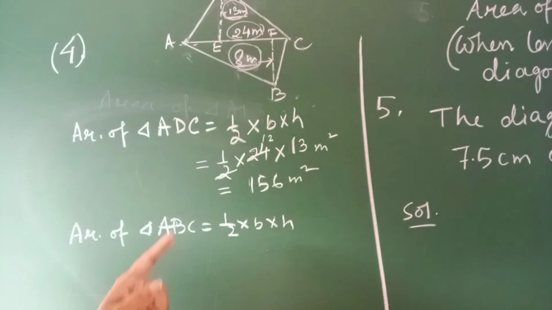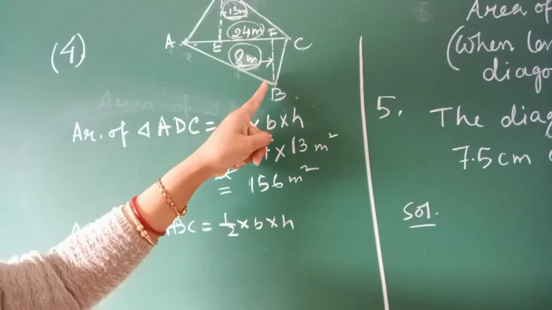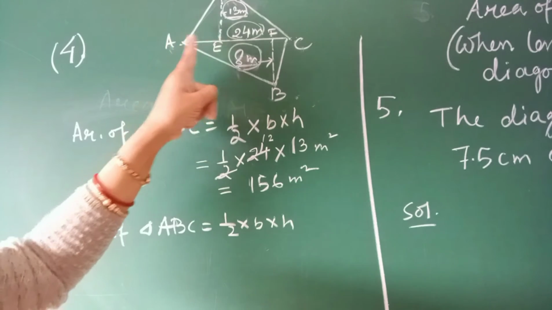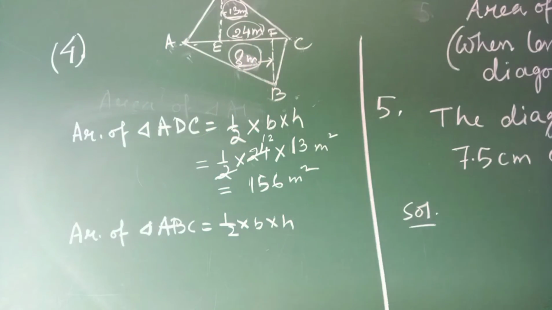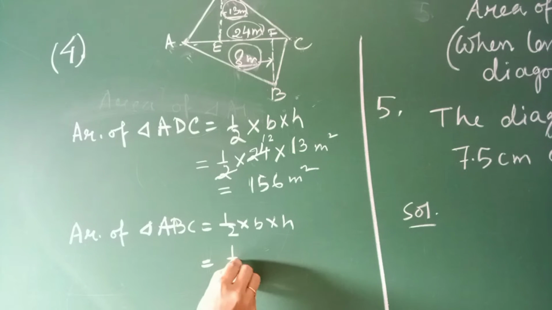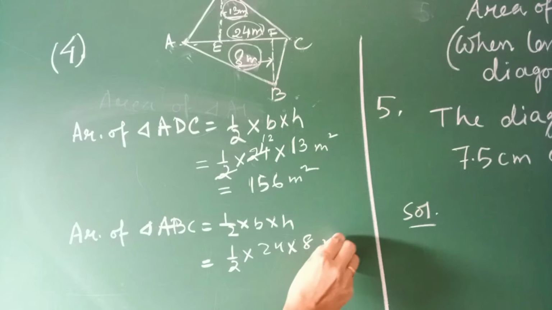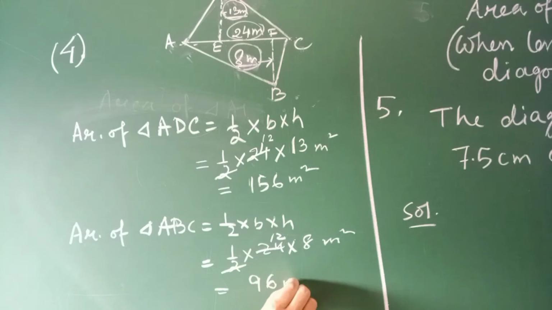Similarly, the area of triangle ABC is half into base into height, where height is BF, that is 8 meter, and base is the diagonal AC, which is 24 meter. So half into 24 into 8 meter square, cancel it, 12 into 8 is 96 meter square.